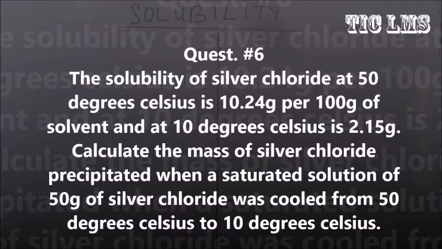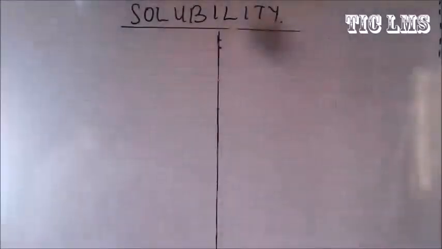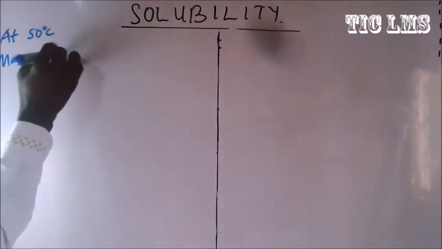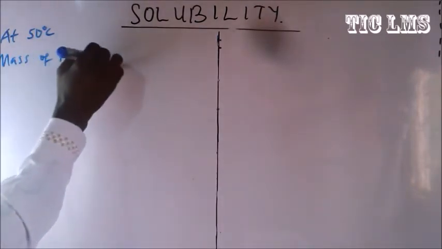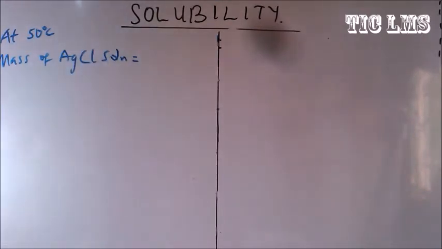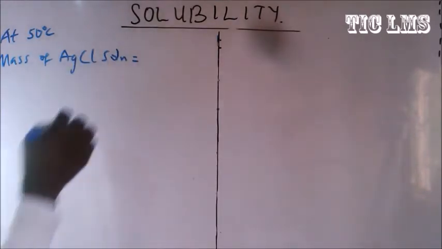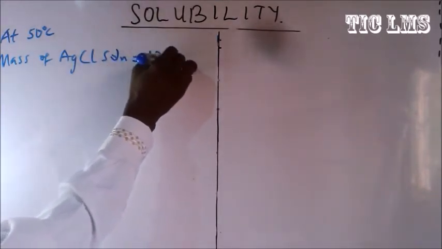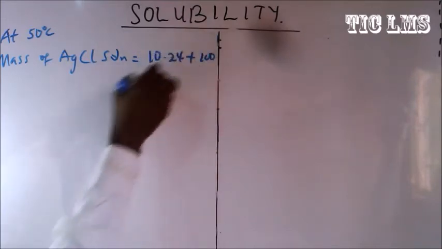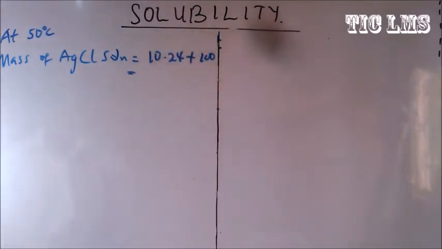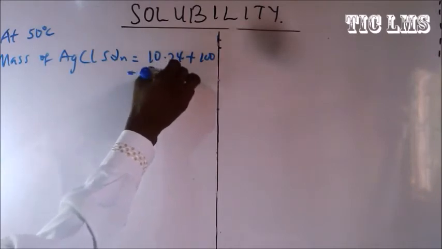So what we do is that we're told that at 50 degrees Celsius we had 10.24 gram per 100 gram of the solvent. Hence, mass of silver chloride solution will be equal to mass of the salt, which is 10.24 gram, plus mass of the solvent, that's 100, and this produces 110.24 gram.